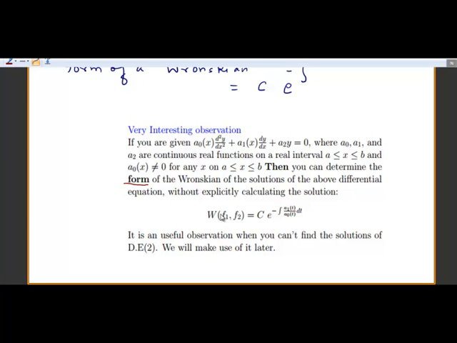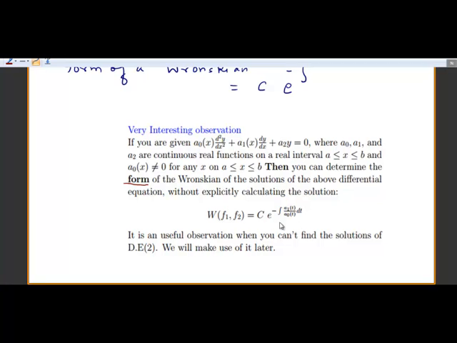The form is given by a constant times e to the power integral of a1, the coefficient of the y prime term, divided by the coefficient of the y double prime term, dt. So suppose in an exam I give you a differential equation which you cannot even solve and ask for the form of the Wronskian. You will use the coefficients of that differential equation and give me the form of the Wronskian.